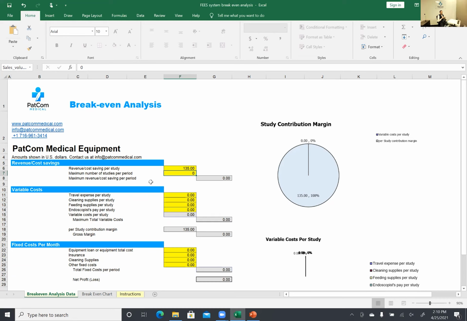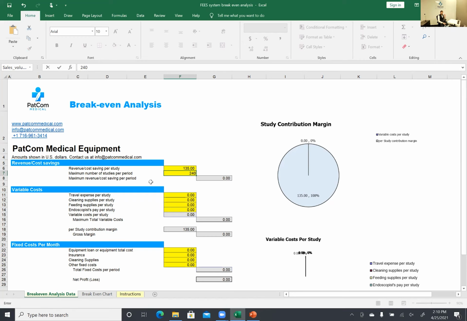So if in a month we maybe have the demand of, let's say, 20 studies, 20 instrumentals that are needed, and times 12, that would be 240 in a year. So I'll put 240 per period, maximum number of studies.